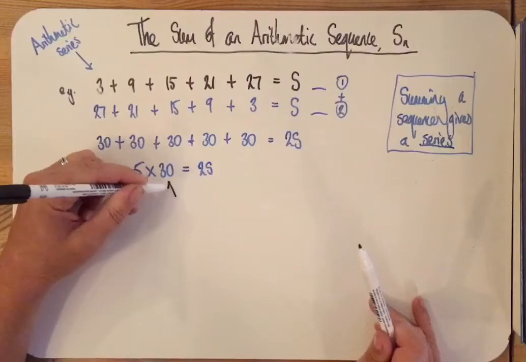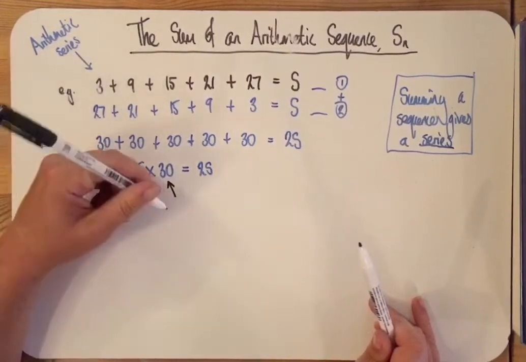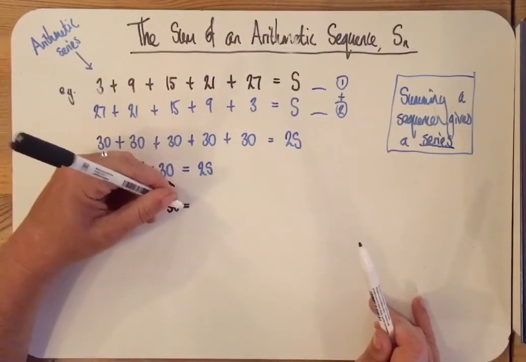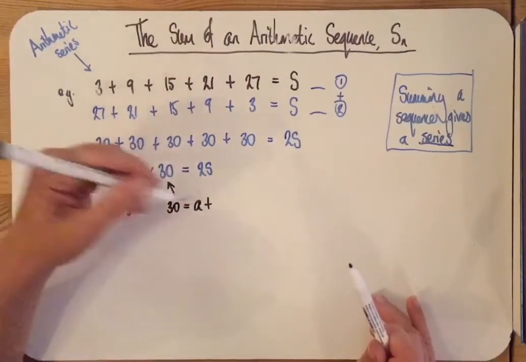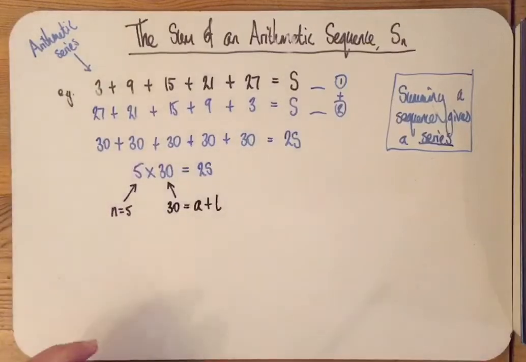And this 30 you can get from adding the first term and the last term, which I'm going to call L. It does get called L, by the way.